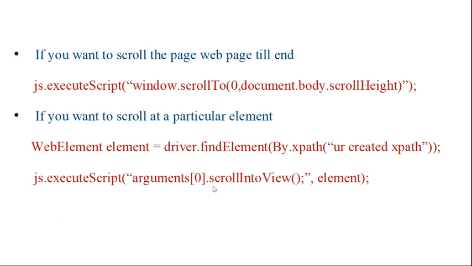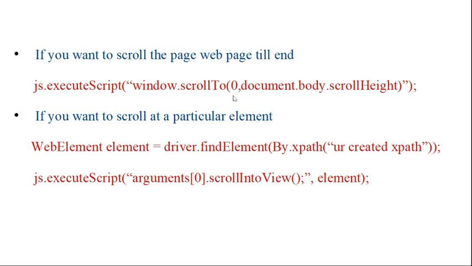If you want to scroll a web page till the end, right? If you want to locate any web element that is located at the bottom of your web page, you can directly use the reference of JS, that is the JavaScript executor, and execute script window dot scroll to, right? You use this because you need to go vertically.